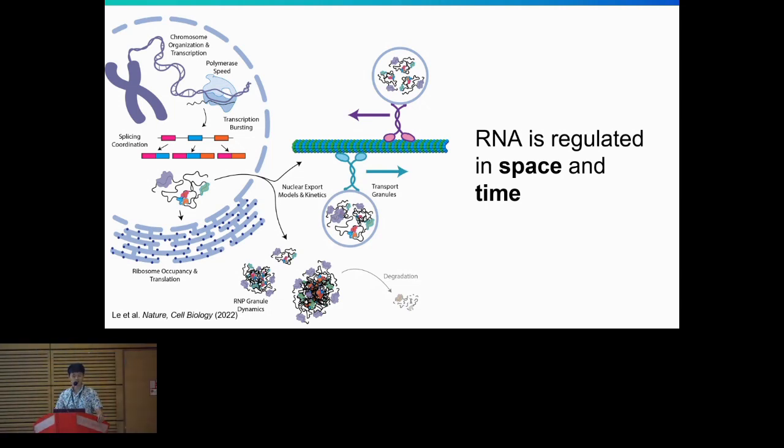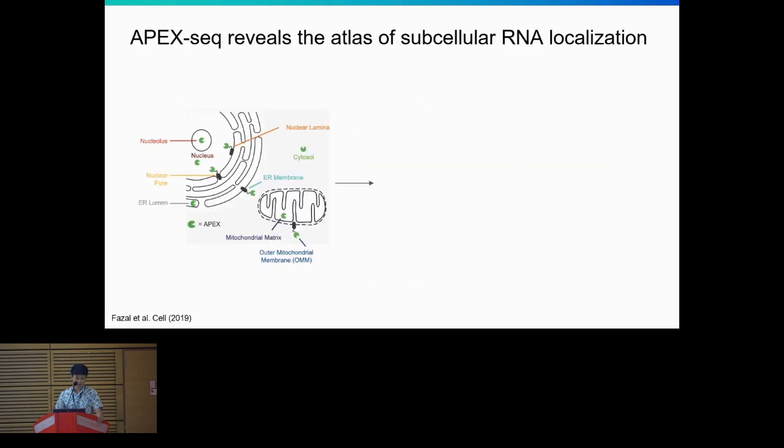A recent study that was able to characterize RNA localization at the transcriptome level was performed by Alice Ting's group, in which they developed a new technique called APEX-seq, where they have been able to proximity label RNAs to several subcellular compartments or membranes.